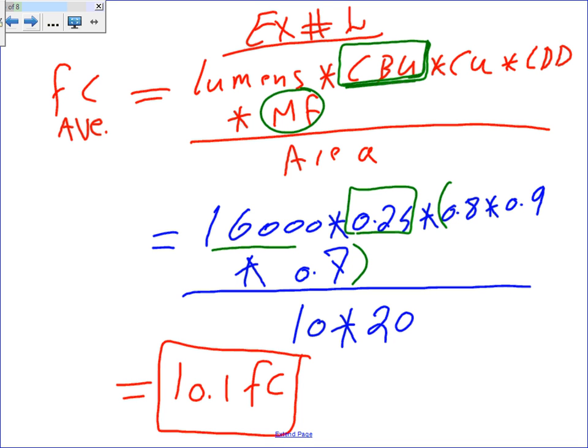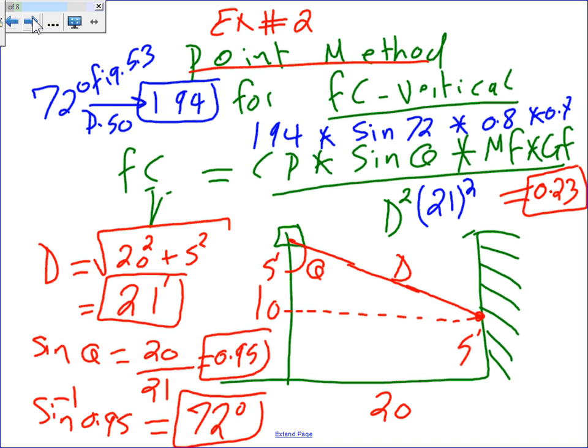Now let's do a similar example based on the point-to-point method. Okay, take this. We're using Fig 5.9, 72. Is that what we're using? Okay.